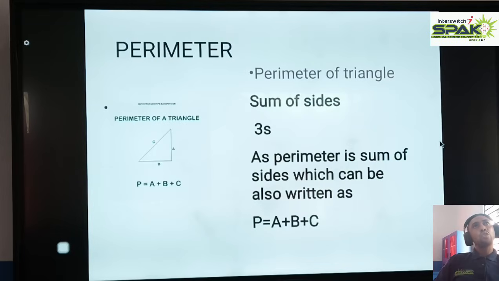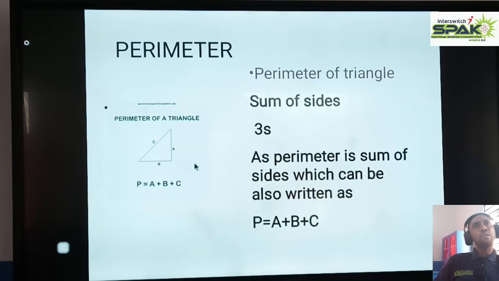Alright? So we now move to the perimeter of a triangle. Like I've told you, the perimeter is the sum of all the sides. So since a triangle has 3 sides, so the perimeter of this triangle will be A plus B plus C. But if the triangle is an equilateral triangle, where all the 3 sides are equal, we take the side to be S. So then we add 3S together.